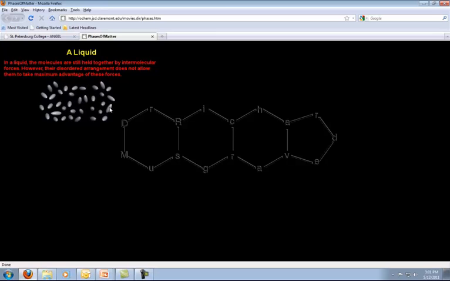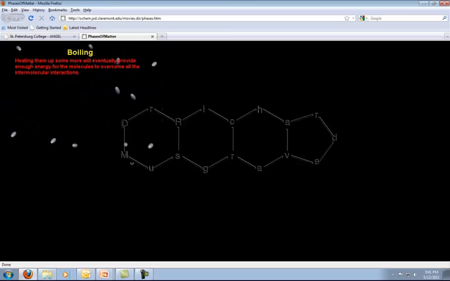So this particular little molecule here would move over here and here and here and here, and this one would move over here and here and here. So I'd really like to see more movement of all of the individual molecules, but the important point about a liquid is that those molecules will all remain touching, and that's very important when we talk about intermolecular forces.